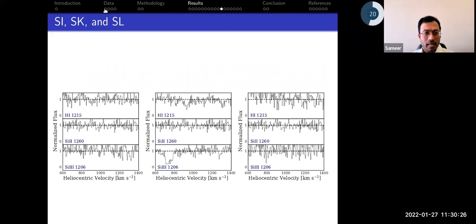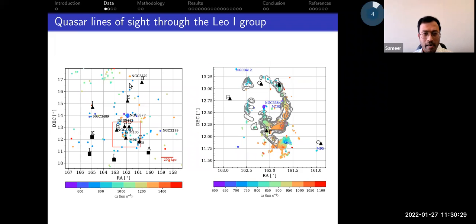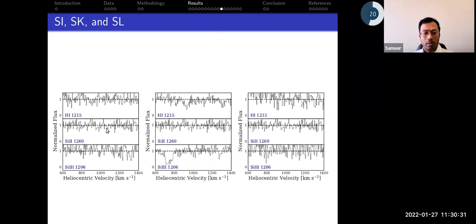Then we have these other sightlines, S, I, K, and L, which don't show any absorption between the velocities consistent with the luring absorption.